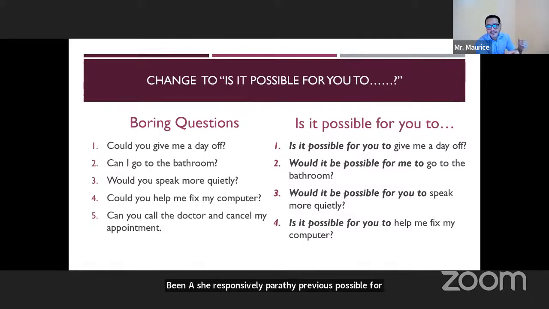And this is in the question, the sentence number 1 and number 4. Okay? Otra variante de esta es, would it be possible for me to? Okay? But this is a permission. It's not a request. You will see the difference. Okay? We have two different ways. It is possible, or would it be possible?